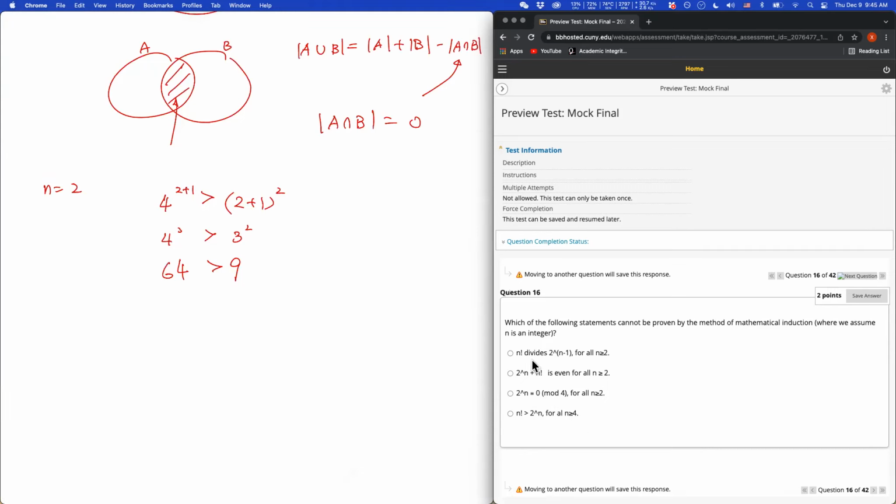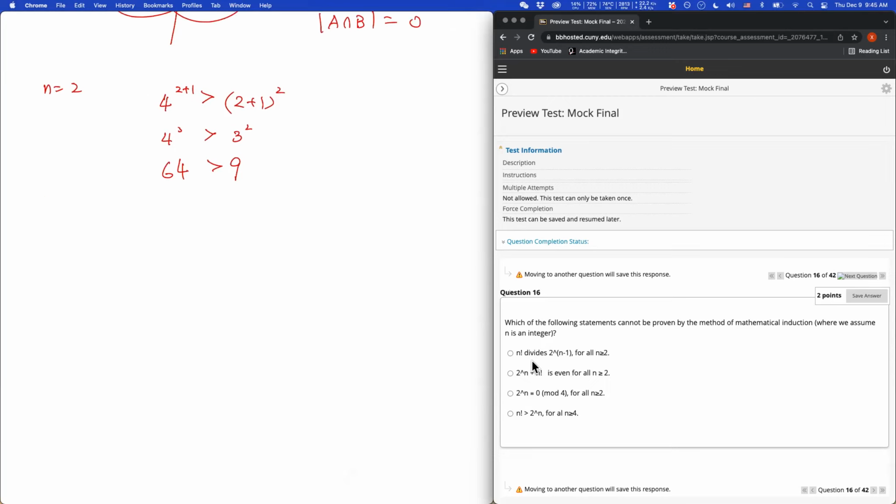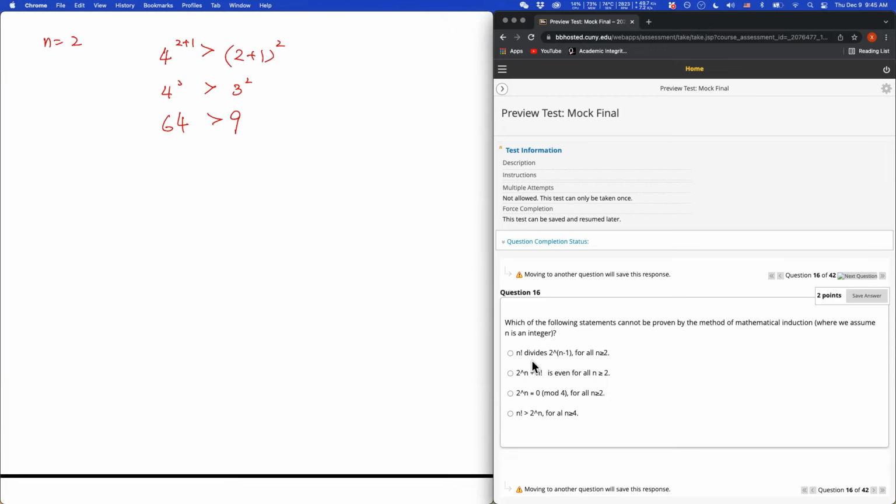So if you look here, you want to check n factorial. So the first one is to show n factorial divides 2 to the n minus 1 for n greater or equal to 2.